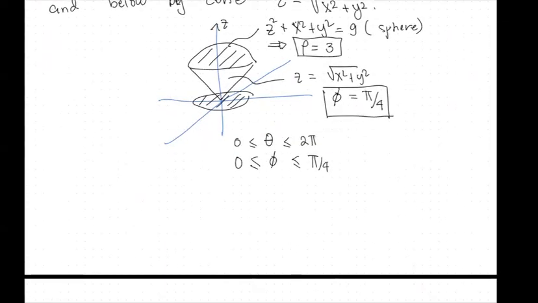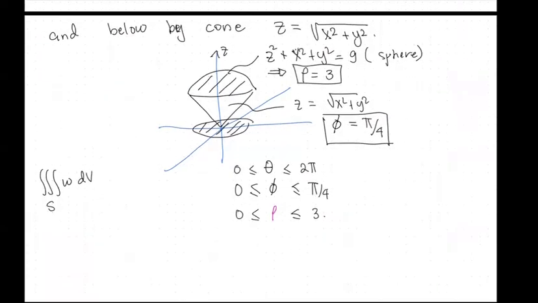Then your rho will run from 0, the origin, and we end with rho equal to 3. Thus, the triple integral over S of w dV. What is our w?